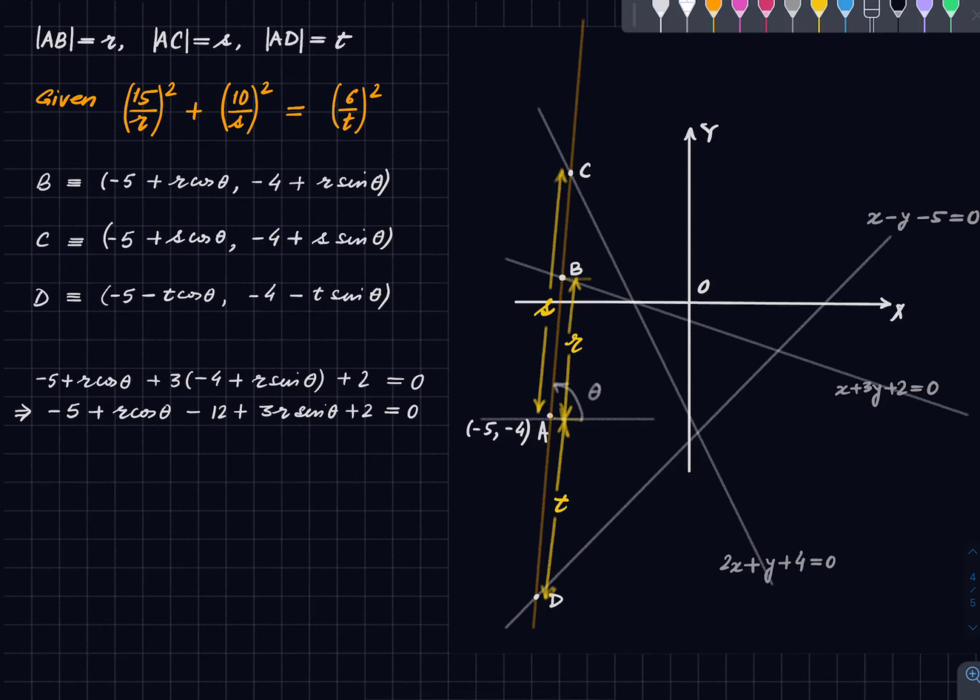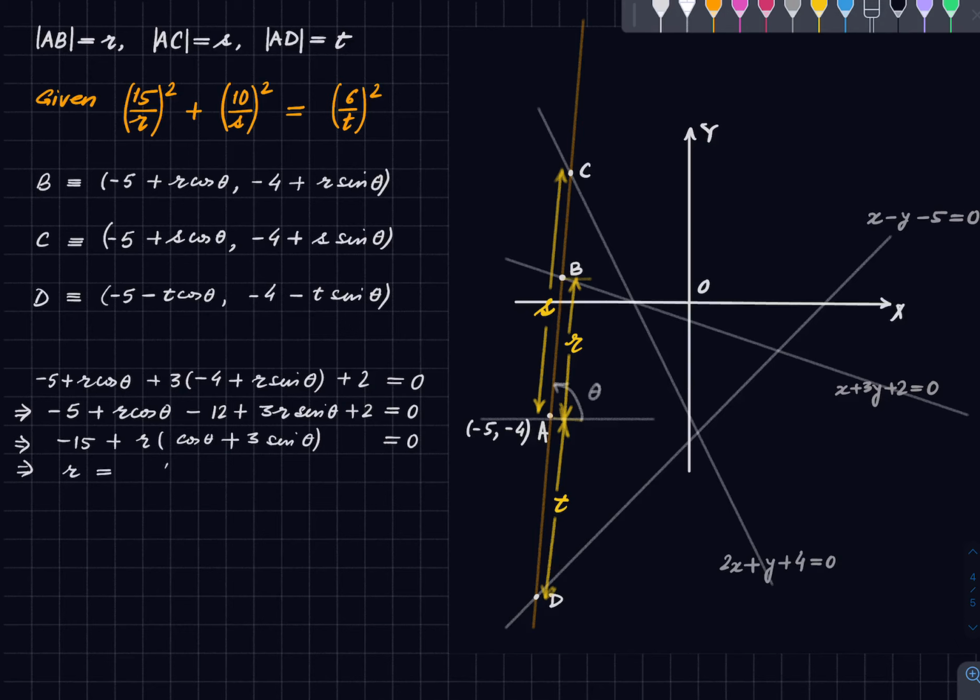Okay. So we get minus 17 plus r, or not minus 17, it's minus 15 plus r times cos theta plus 3 sin theta equals 0. So we get r in terms of theta.